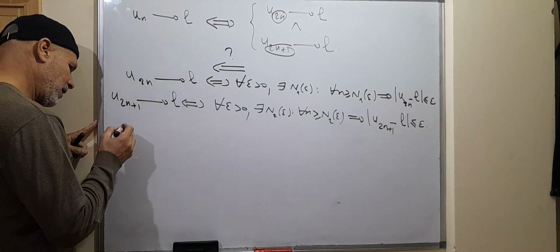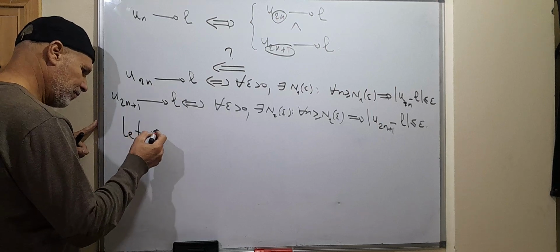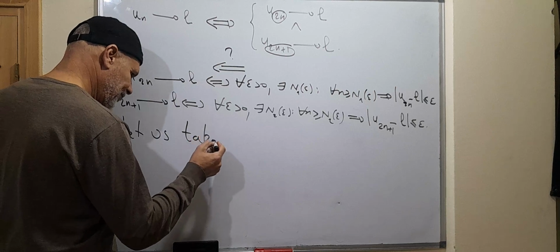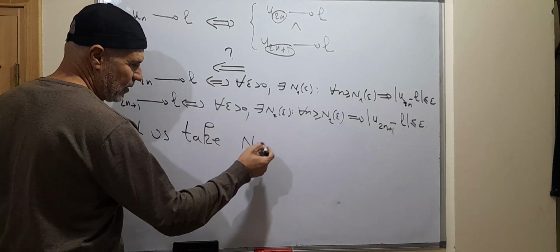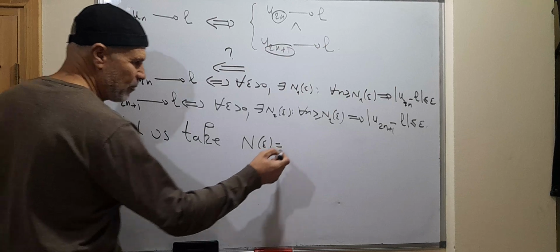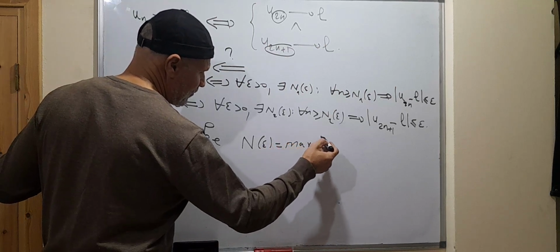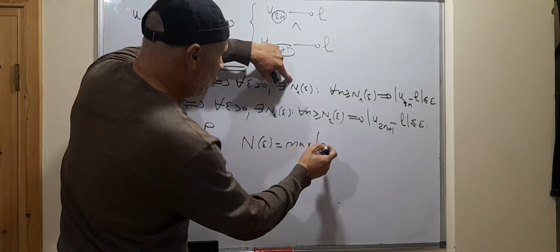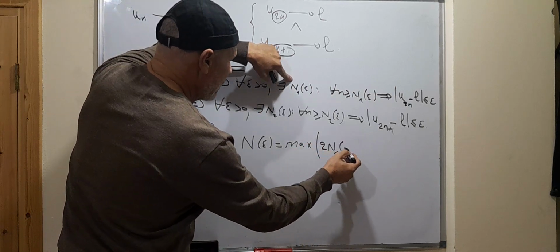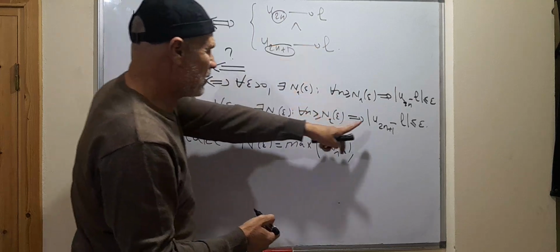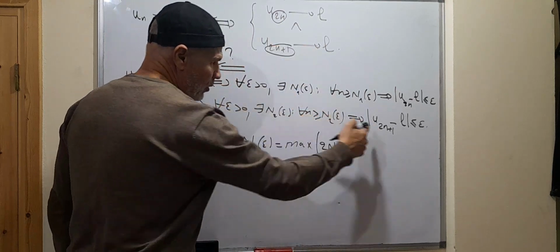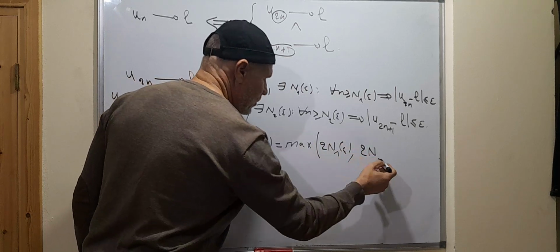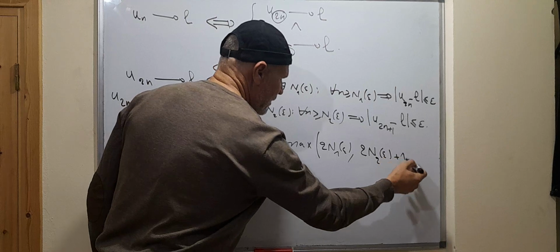So, let us take capital N(epsilon) equal to the maximum between 2n1(epsilon) and 2n2(epsilon) plus 1.